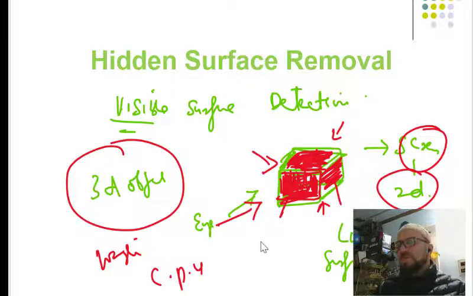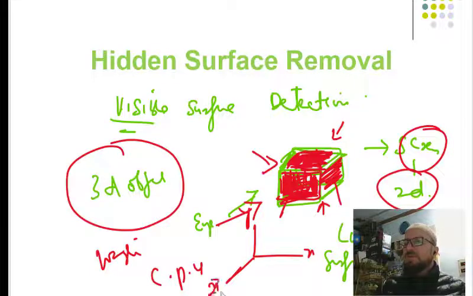Say for example, we are viewing from the z. If this is my x and this is my y, and I am seeing through the positive z, towards this way, or some angle parallel to the z axis, this is my assumption, that I am watching through the z axis.